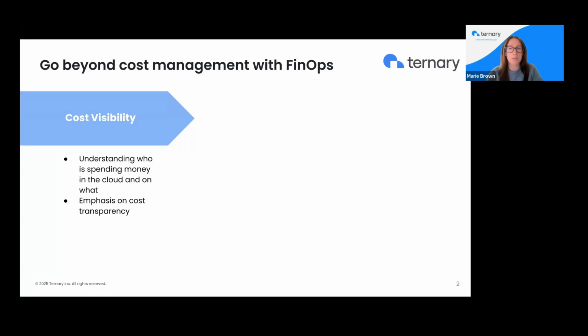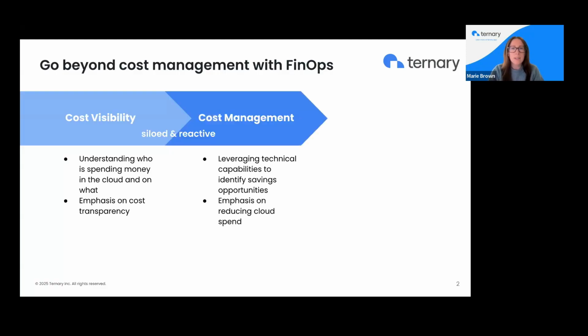But there are some nuances between each of these practices. Starting with cost visibility, this is really an essential building block for all of these practices. And it's really focusing on understanding who's spending money in the cloud and on what specifically. And for you as a partner, this is a fundamental for all of your customers. They need that cost visibility.